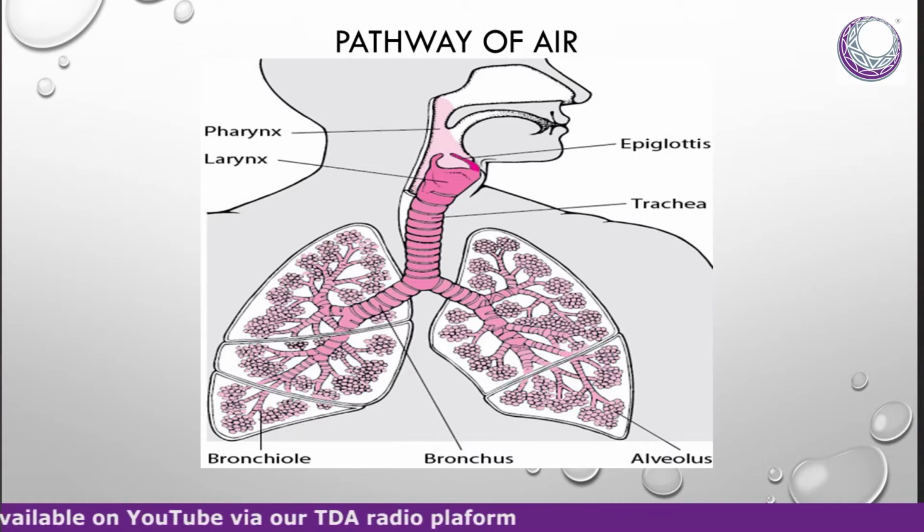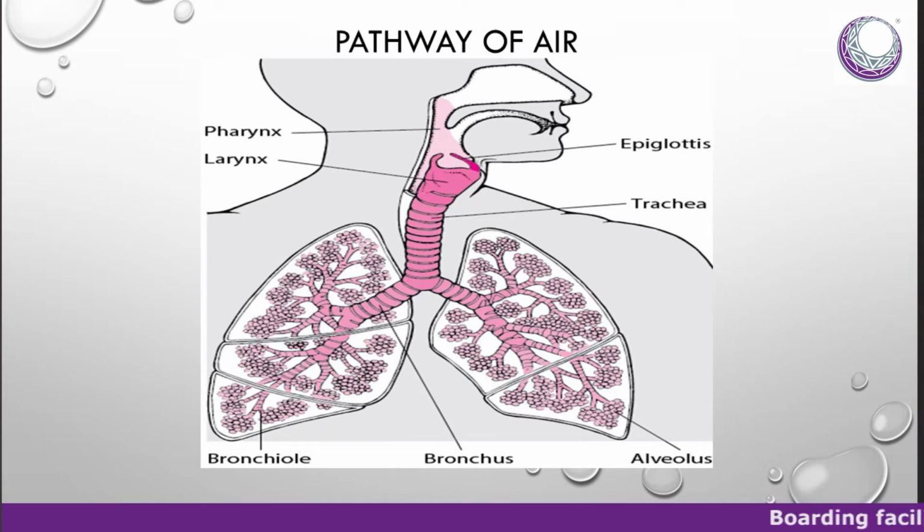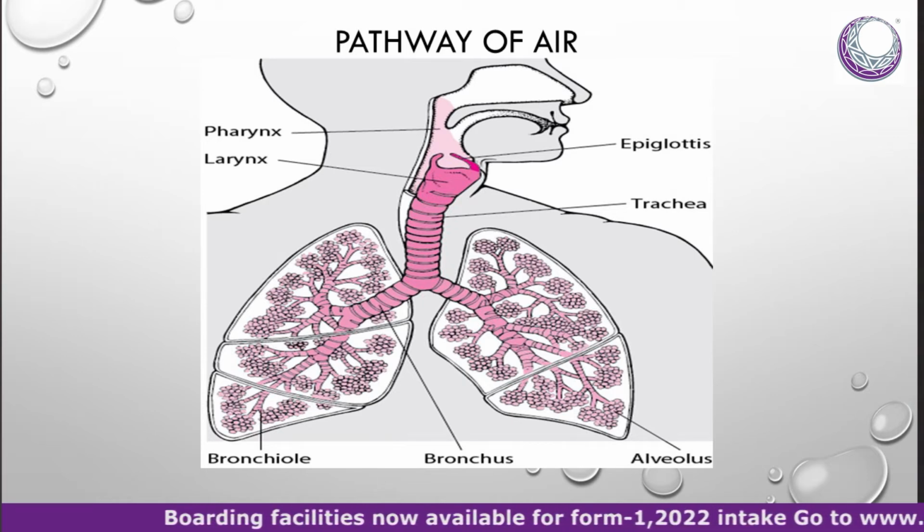One exciting point here is the epiglottis. Usually, when we do this topic, I get questions of, say, why is it that when you eat, your food goes to your stomach, but when you breathe in through your mouth, your air does not go to your stomach?